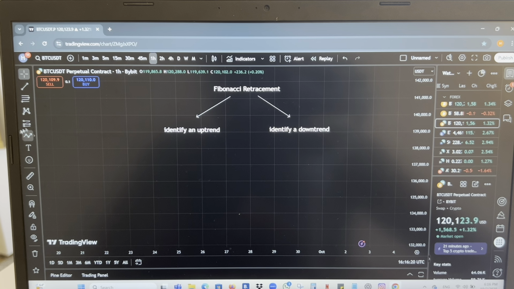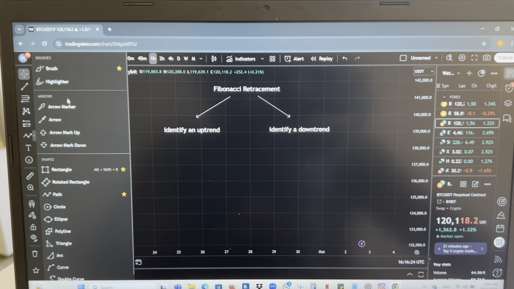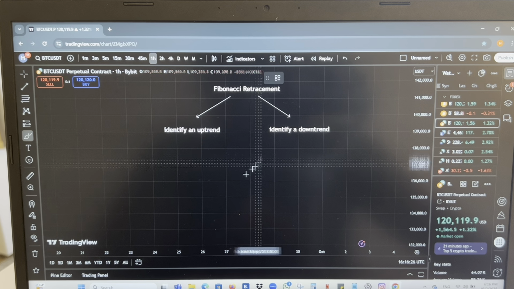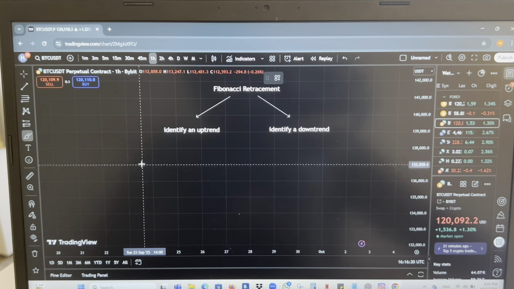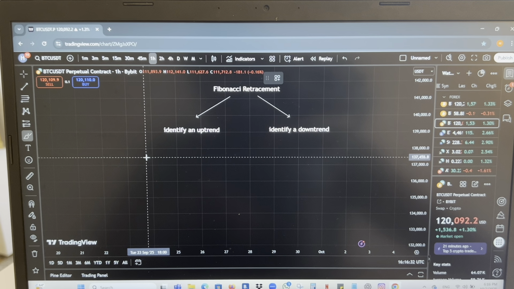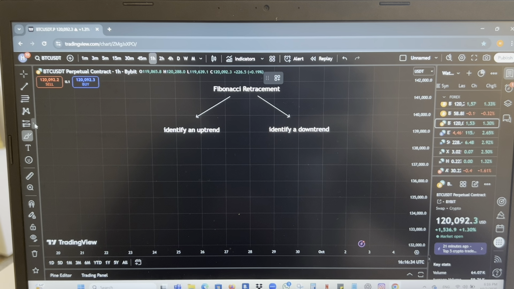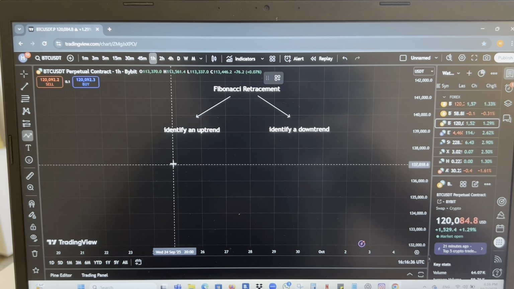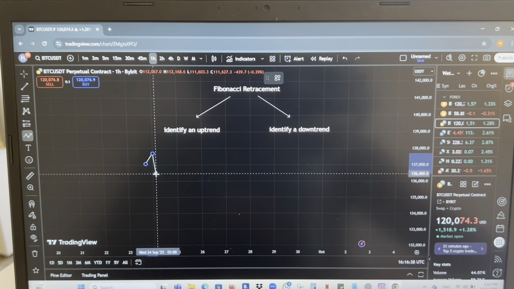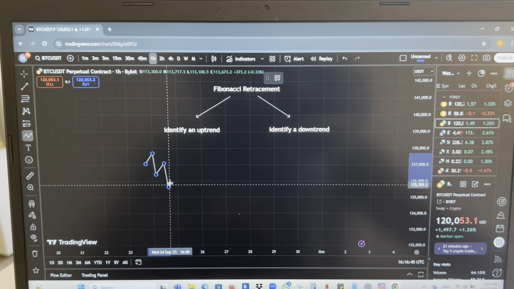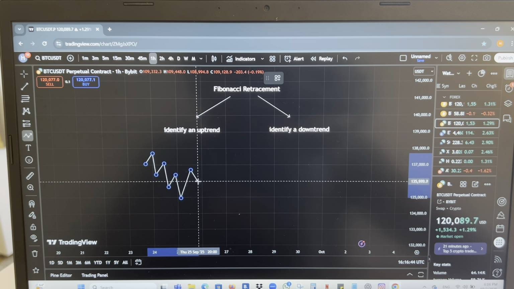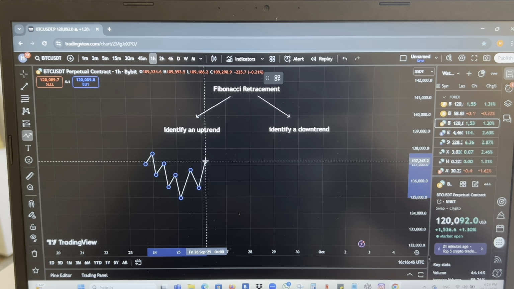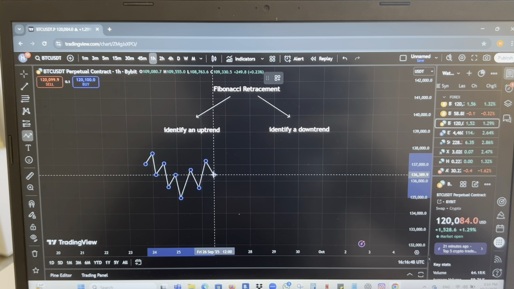So when we talk about an uptrend, originally it has to be a downtrend, and then it shifts to an uptrend making higher highs and higher lows.